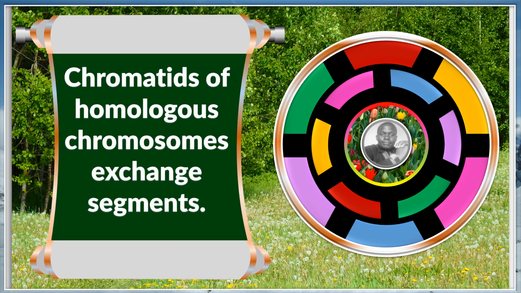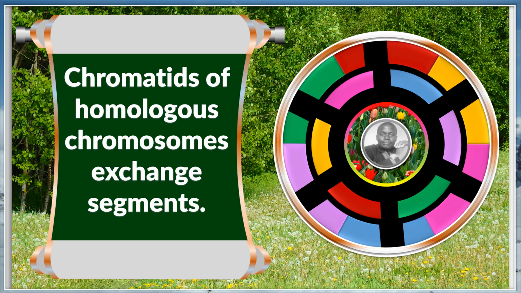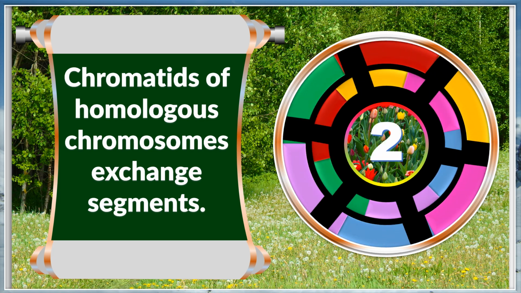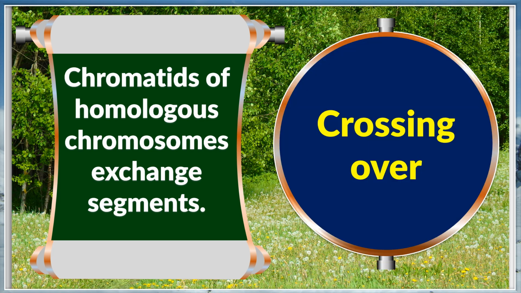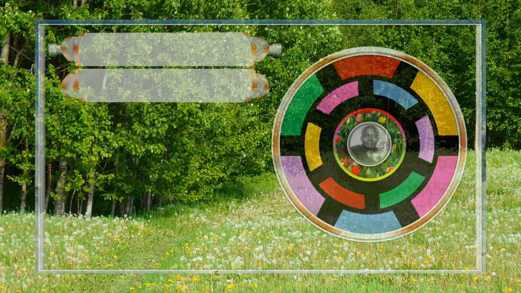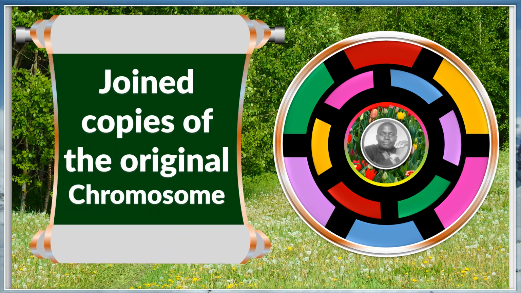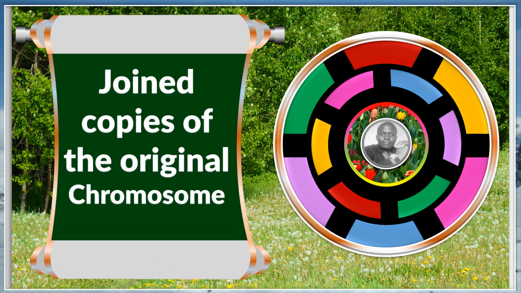Chromatids of homologous chromosomes exchange segments. Crossing over. Joined copies of the original chromosome.